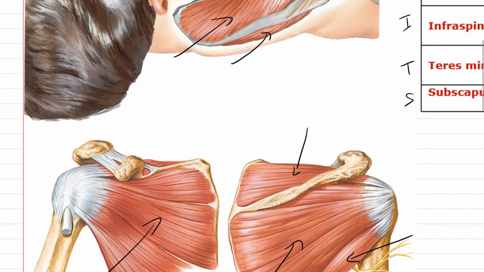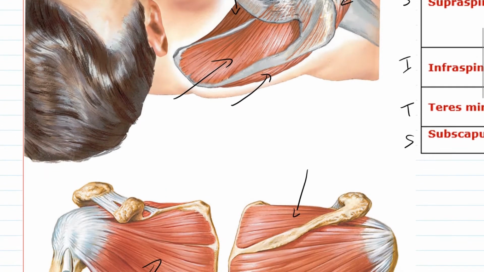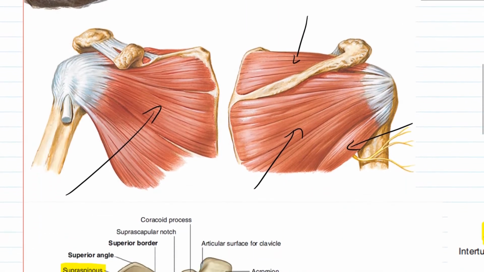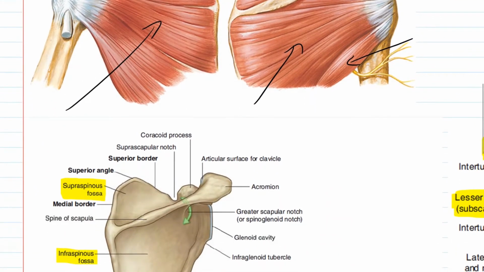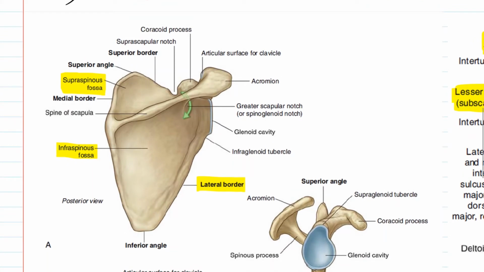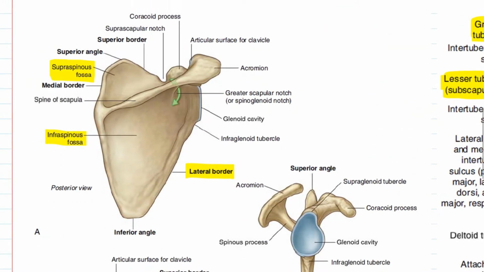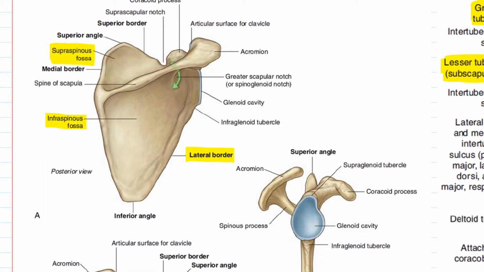Now I'm going to be talking about their origin, insertion, and later their action and nerve. But to do so, we've got to review some landmarks of the bone, especially the scapula and humerus. To start with the scapula, I highlighted the important ones, which are the supraspinous fossa, the infraspinous fossa, and the lateral border.